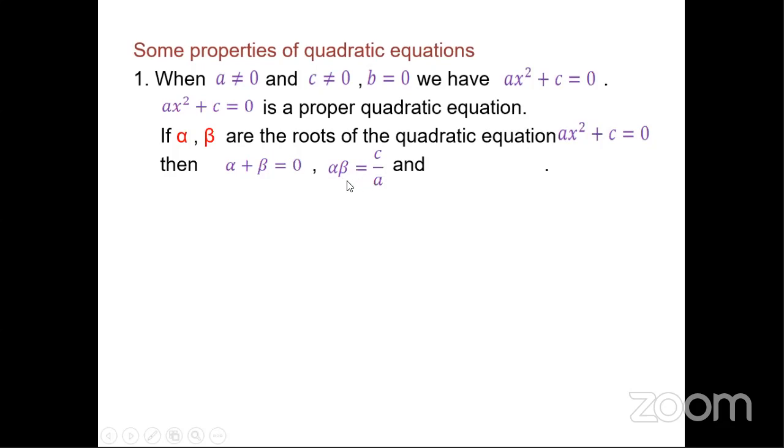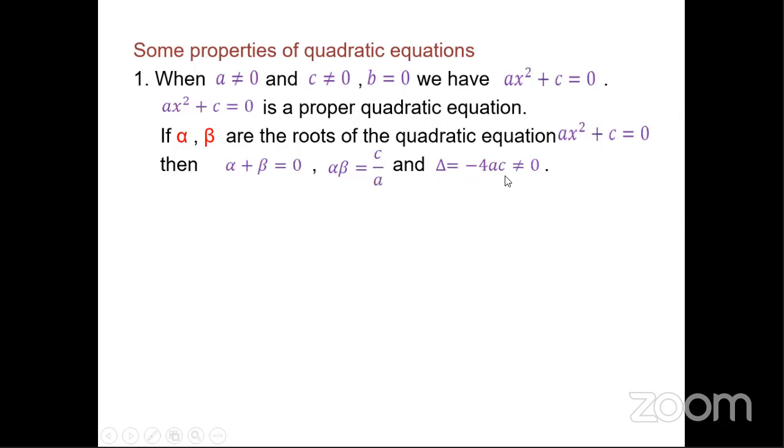Then, is it affecting the product of the roots? No, because it is not involving the value of b. So, alpha into beta is nothing but c by a. So, for this ax square plus c equal to 0, when we consider alpha and beta as the roots, the sum of the roots is 0, the product of the roots is c by a, and your delta value, what is delta?